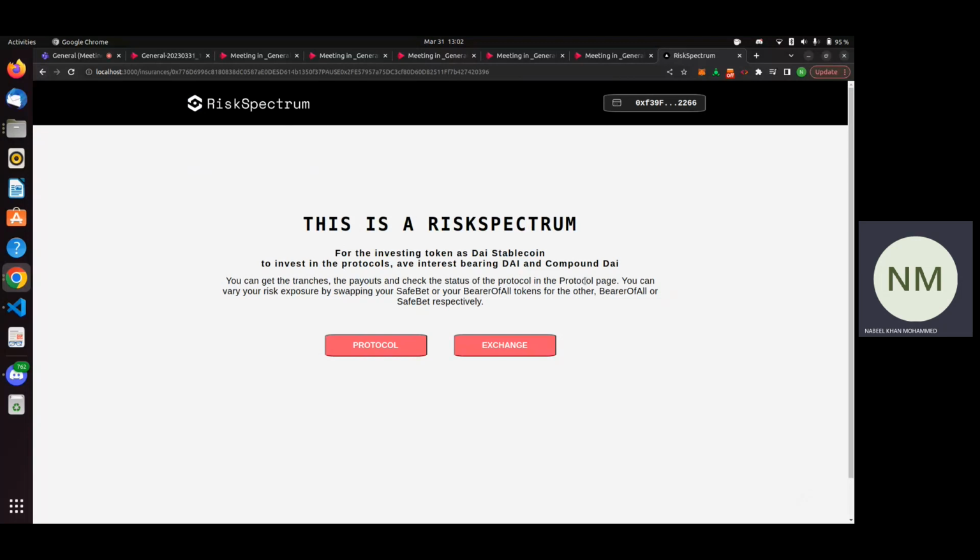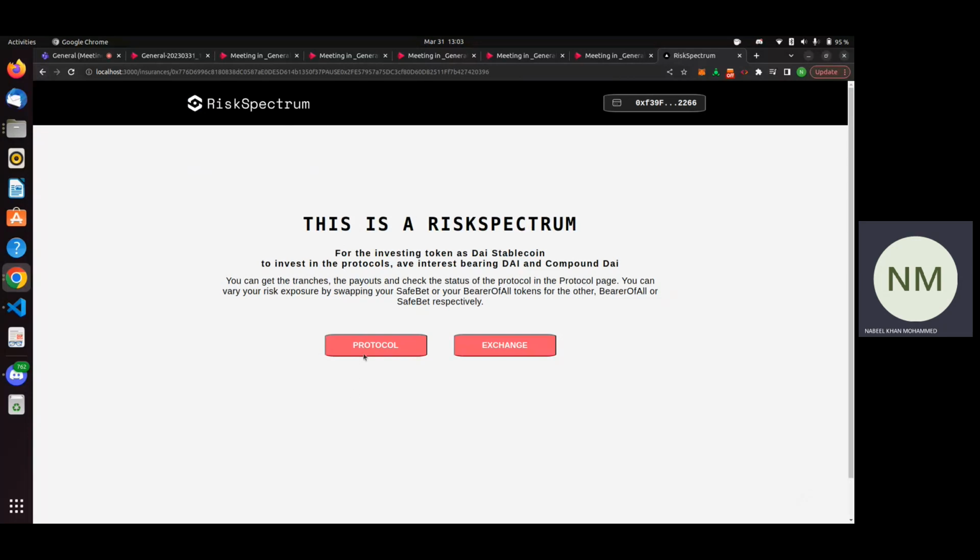The protocol page is where you pull in your DAI tokens and you get your safe bets and your better falls tranches. The exchange is where you vary the amount that you have of each type of tranche, and correspondingly your risk exposure to those types of investments varies. Once the investment period is over, you can burn your tranches and get your payouts back.